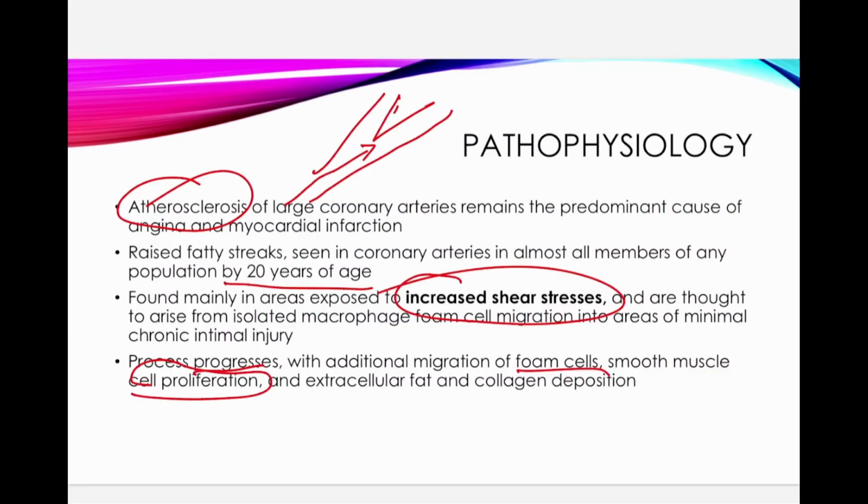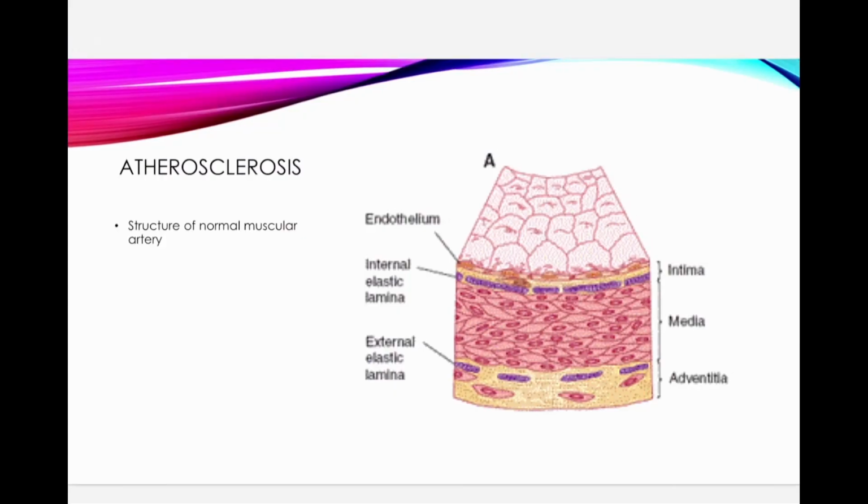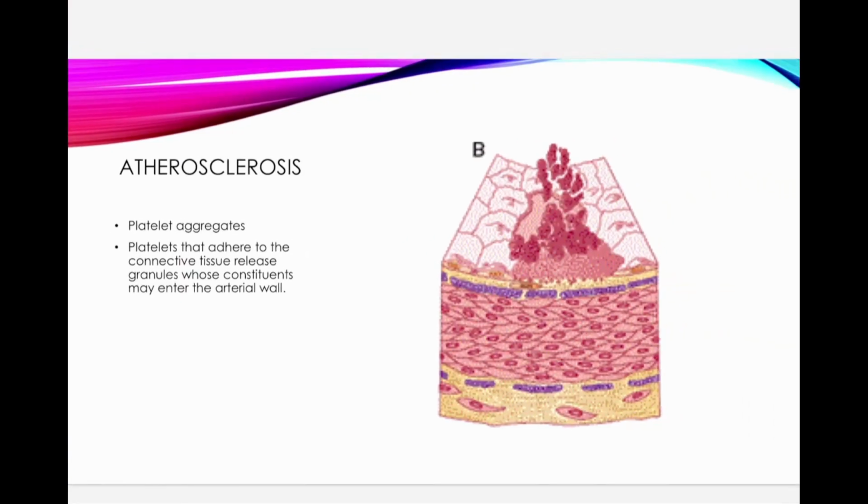So here's our normal vessel. We have our nice endothelium layer right there. There are no injuries in this area. So this is a normal cross-section of a coronary artery. Now, we have injury to the vessel. What is the first thing that happens whenever we have an injury to a vessel?